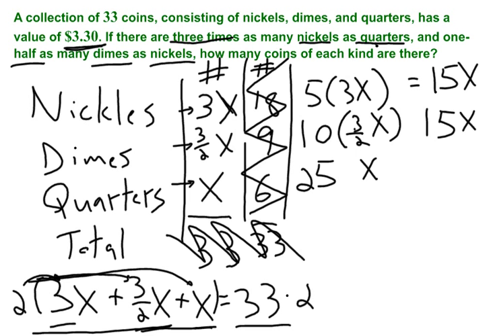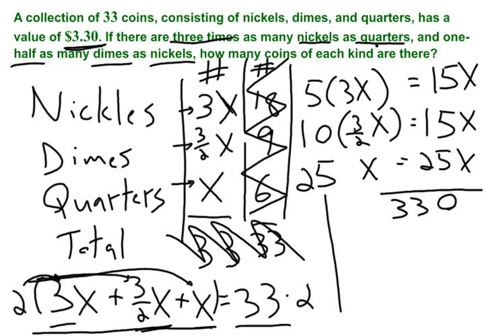Okay, and 25x. Okay. So we know that the total value of all these is 330 cents. And now we have enough to make another expression that we could solve for. We have 15x and 15x and 25x being equal to 330.